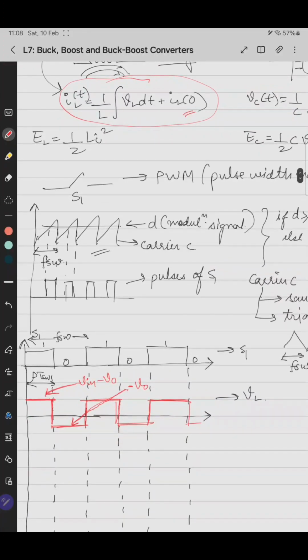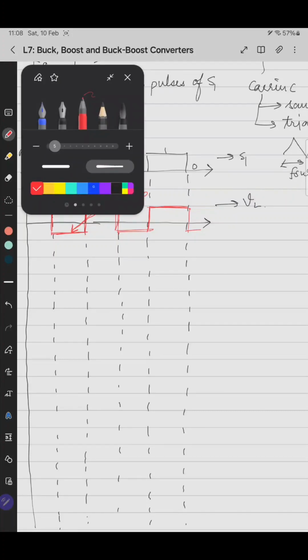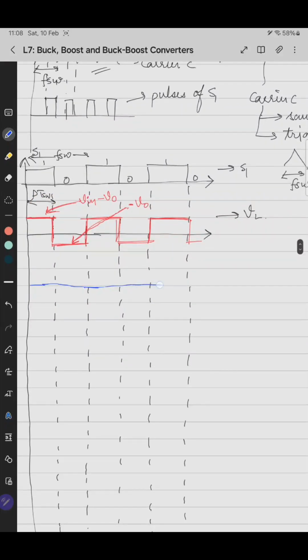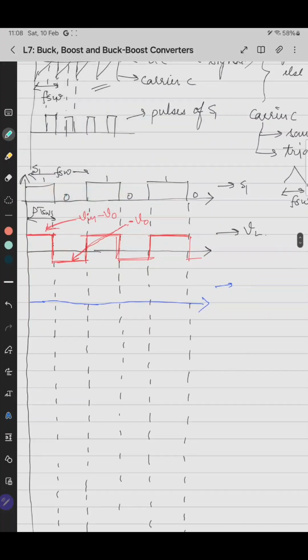Let's assume that there is some initial current IL naught, which is some positive value. We'll draw IL here only with some other color. So this is IL naught. This current will start rising with a constant slope.